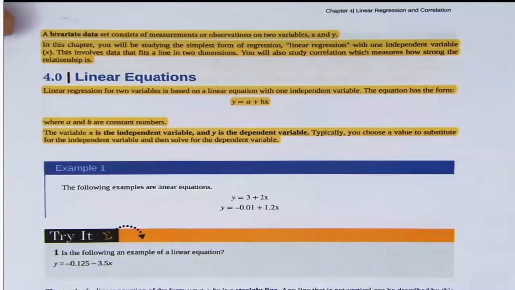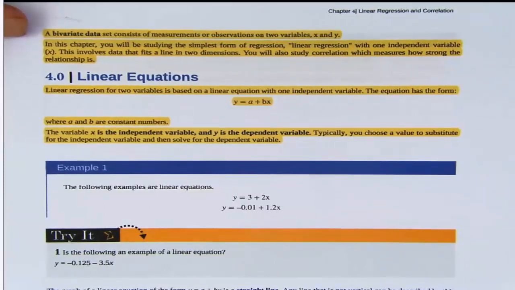A bivariate data set consists of measurements or observations on two variables, x and y. So if, for example, you have 10 subjects participating in your study and you gather two numerical variables on those subjects, say height and weight, then you've got an x data set and a y data set, or a bivariate data set.